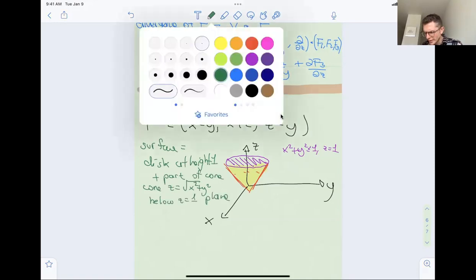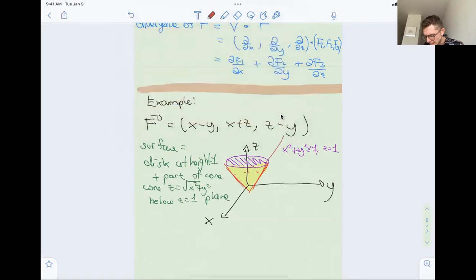Strictly speaking, the cone is sort of infinite in size, but you don't want the full cone. I don't know if you remember, last time when I cut the cone, you just take a part of it. So I'm just looking at the stuff that's below this plane so that it meets the disk.